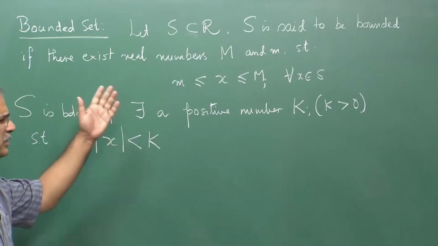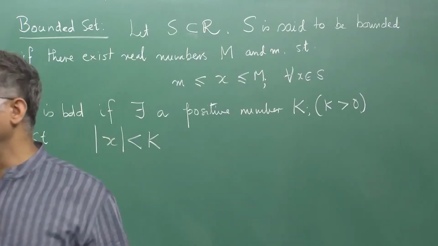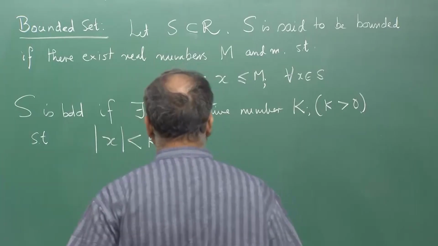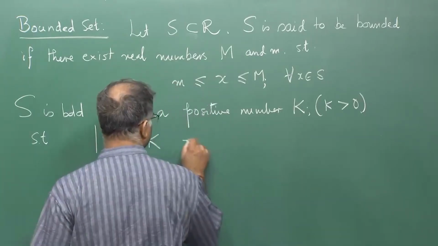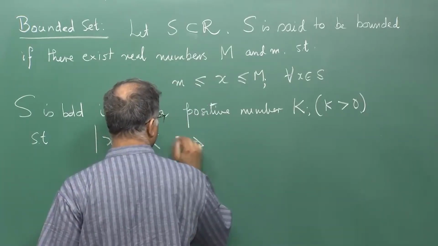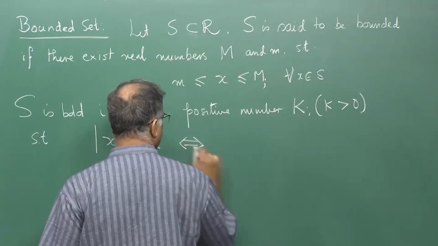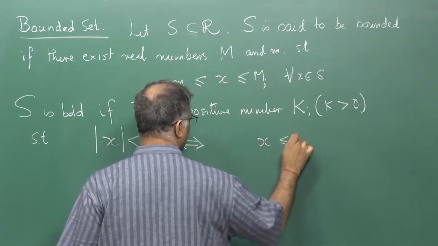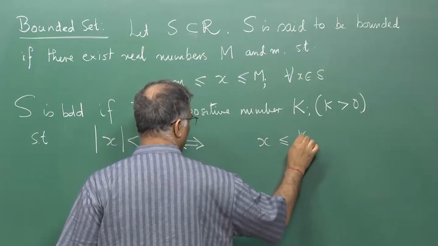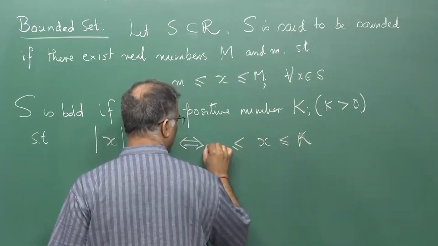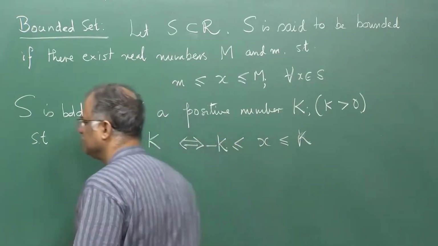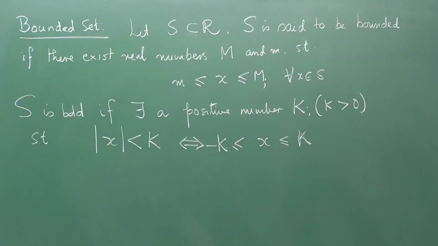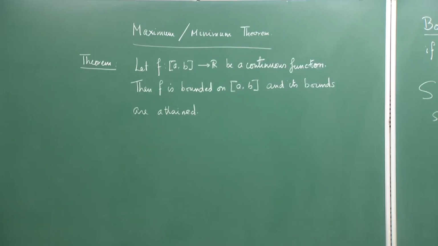There is no real difference between these two definitions of boundedness of a set, because this is the same as writing x is lying between minus k and k. So, whichever way you can use it.